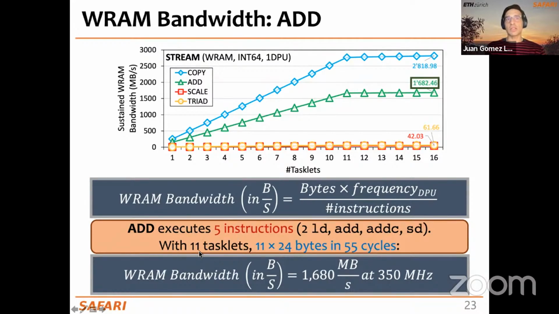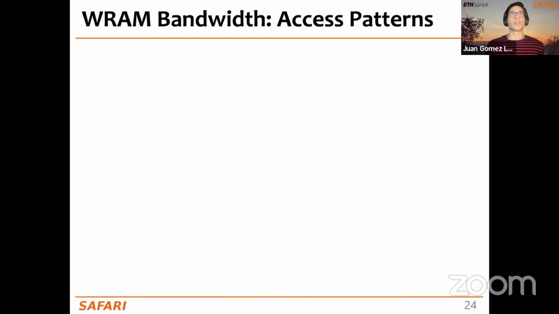If we have 11 tasklets in the pipeline, in total we would be moving 11 times 24 bytes in 55 cycles, 11 tasklets times the number of instructions, that is 5. So in this case, our estimate is 1,680 megabytes per second. That is also very similar to what we have measured. And we can do similar estimations for scale and triad as well.